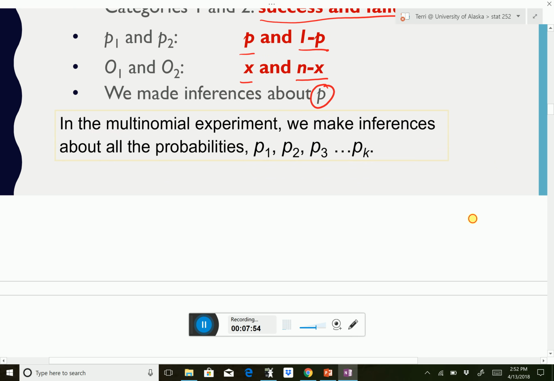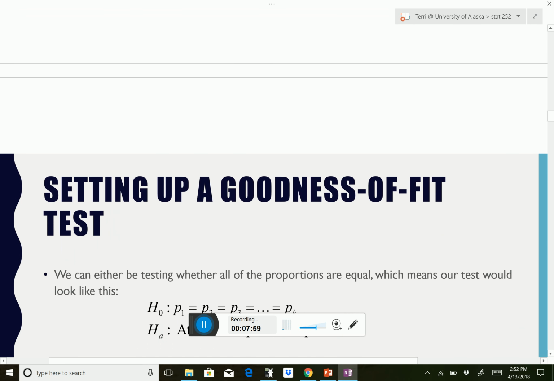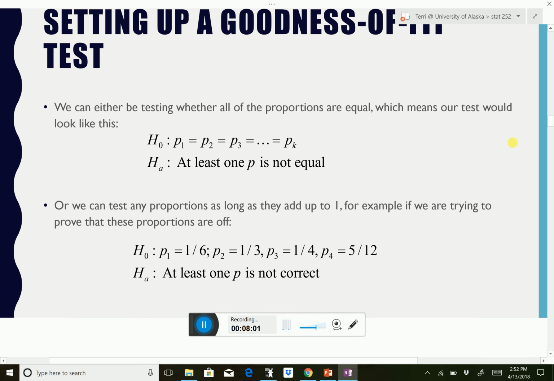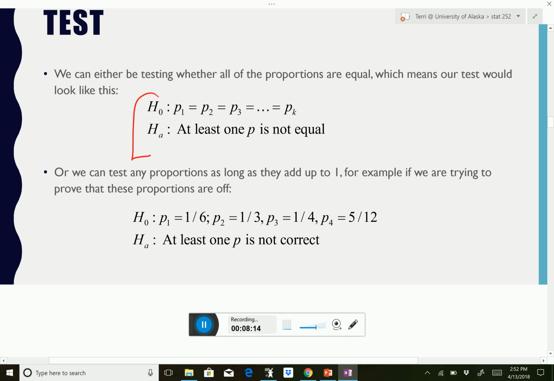But now we have more probabilities to look at. So let's talk about setting up a goodness of fit test. We can either be testing whether all of the proportions are equal, so if we assume that everything is equal, we would do this test. Or we can test any proportions as long as they add up to 1.